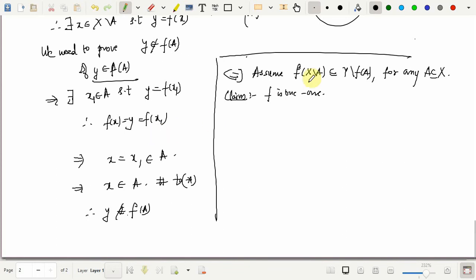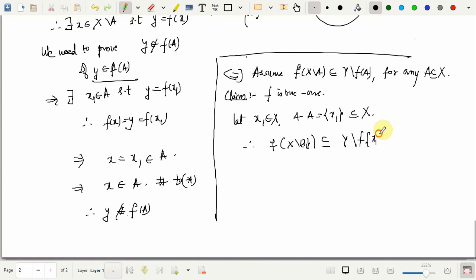So I have one choice of A. What I'll do is choose a singleton A. So let x1 belong to X. If x1 belongs to X, I'll call A the singleton {x1}, which is a subset of X, and thus by our assumption we should have f of X difference {x1} is contained in Y difference f of {x1}.